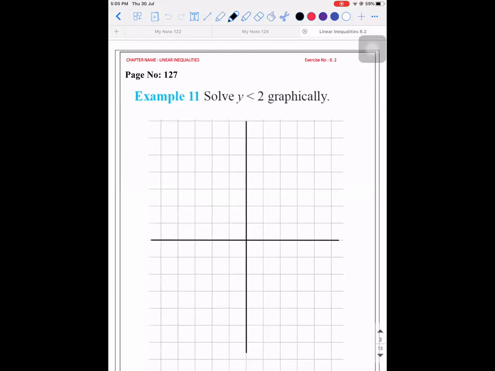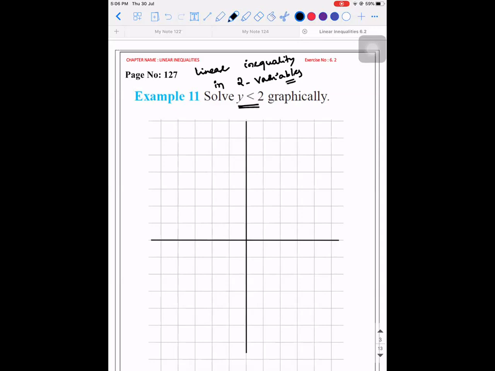You will have one linear inequality in two variables, right? So the question is: solve y is less than 2 graphically.